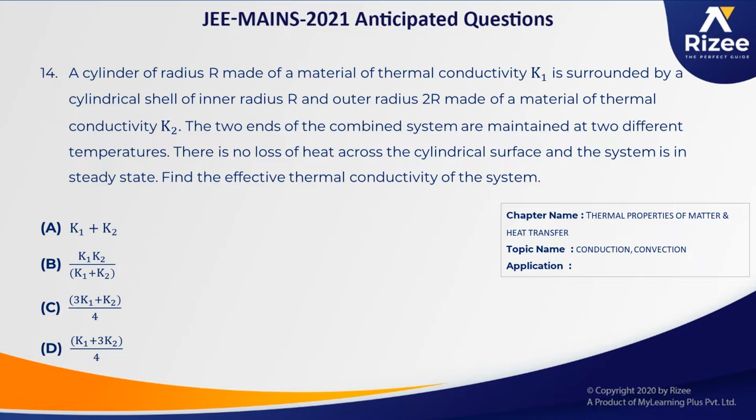The two ends of the combined system are maintained at two different temperatures. There is no loss of heat across the cylindrical surface and the system is in the steady state. Effective thermal conductivity, it is a chapter concerned with heat transfer. In that one the topic is going to be conduction. So in this conduction case, how can you solve this particular thing?